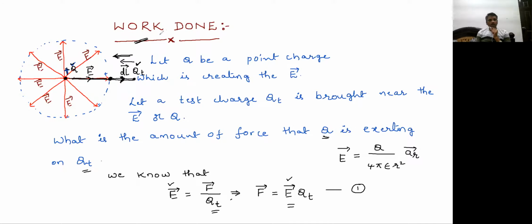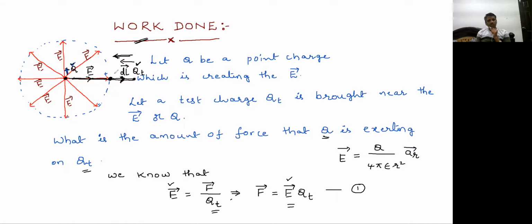So here we are not going to find out the work done by the electric field. We are going to find the work done by the external source, because the test charge has to be moved against the electric field. But how much force has the external source to apply on this test charge to bring it into the same position?